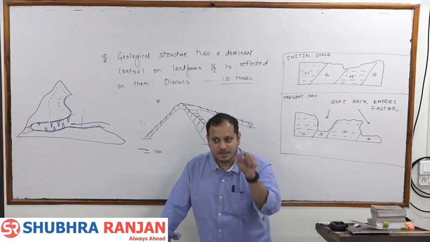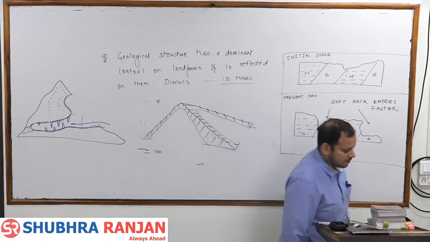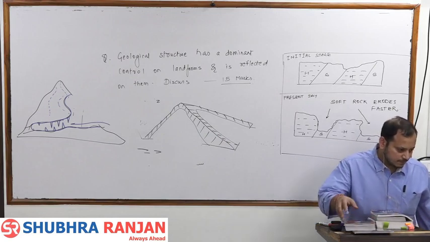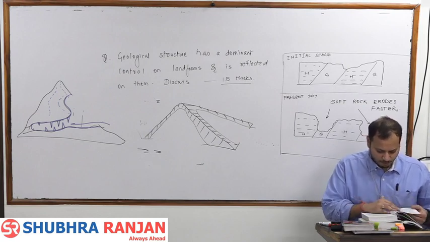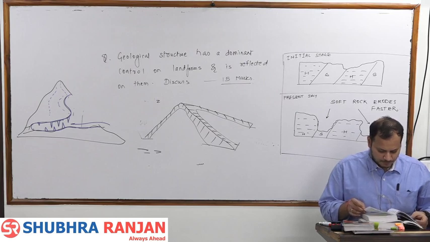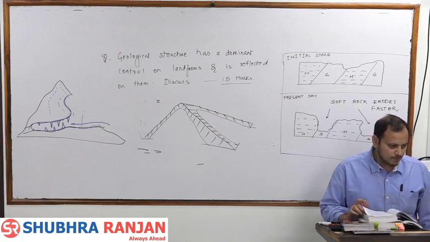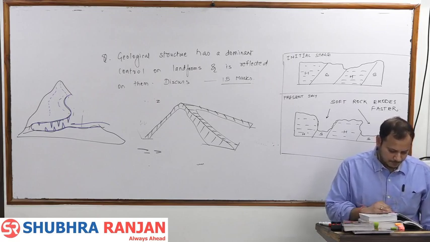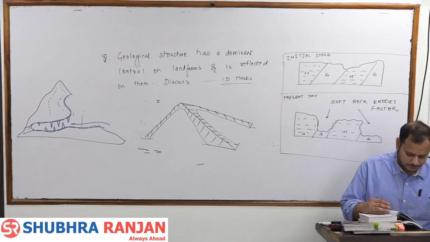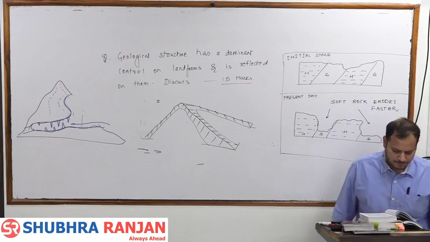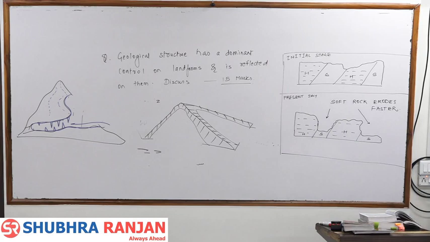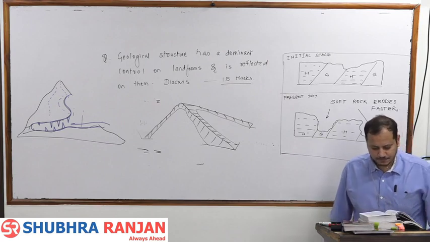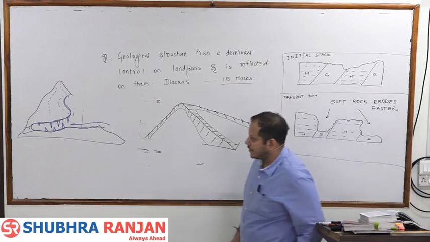So present is key to the past, and therefore the next law of geomorphology is: geomorphic processes operate at different rates, and therefore earth has different relief features.